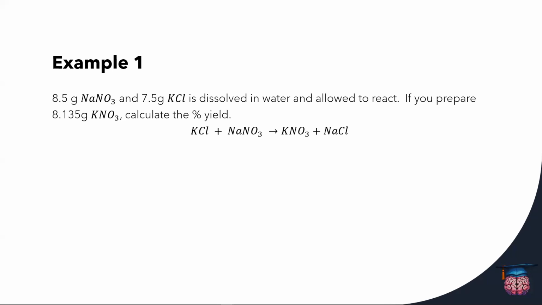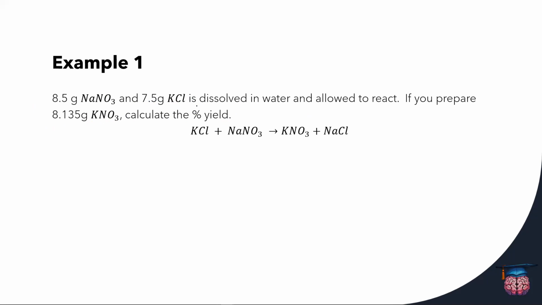So first off, we have 8.5 grams of sodium nitrate and 7.5 grams of potassium chloride, which is dissolved in water and allowed to react. And then we prepared 8.135 grams of the potassium nitrate, and we need to calculate the percentage yield.